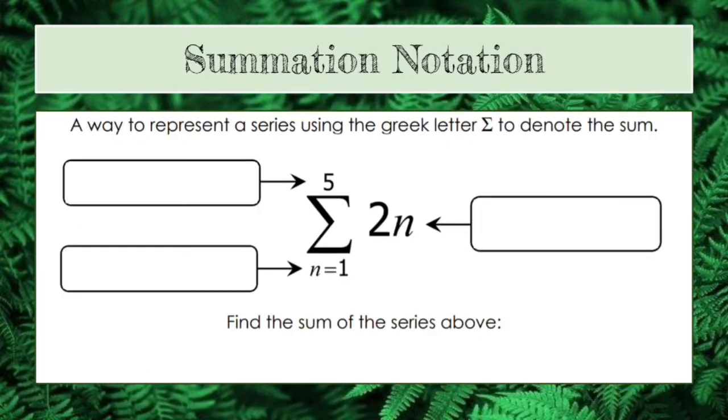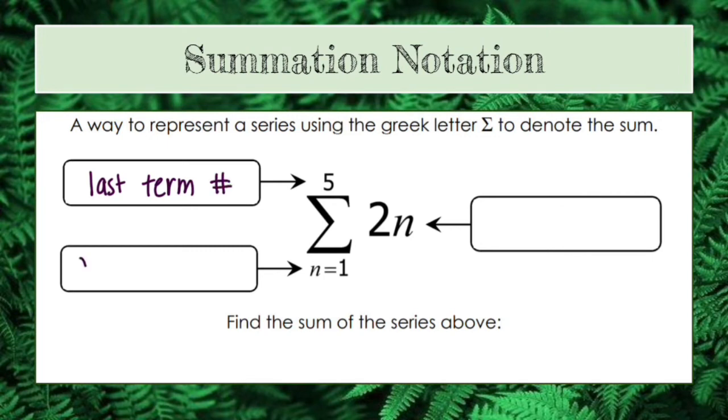And now we want to talk about summation notation, which is just a way to represent a series using the Greek letter sigma to denote the sum. So this is the letter sigma, and it's really just kind of a placeholder, and all this stuff around it means different things. So the top number is the last term number.